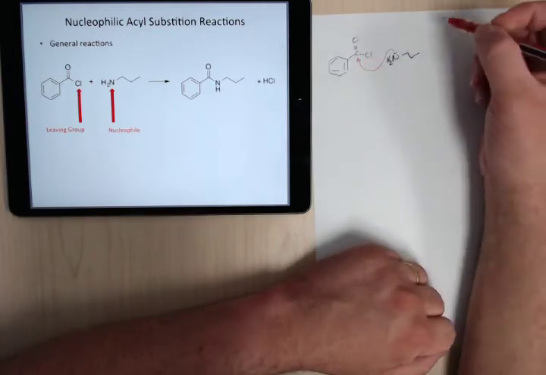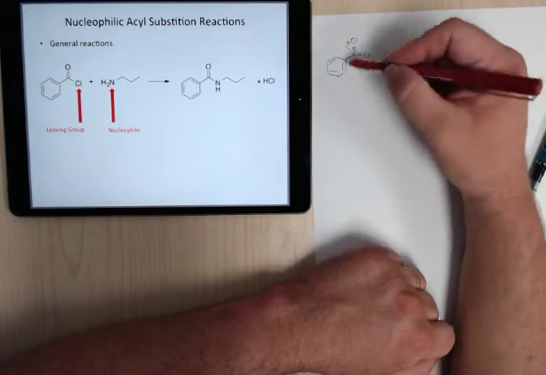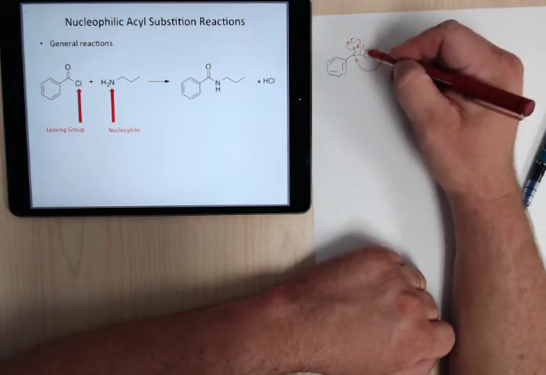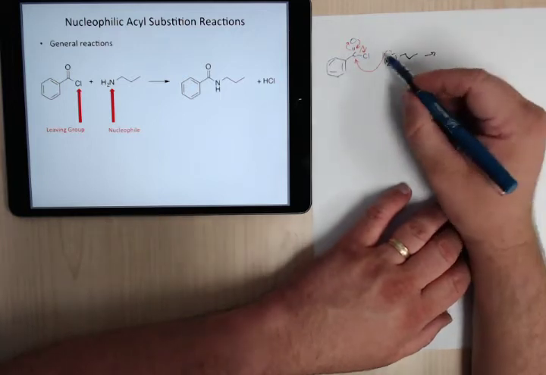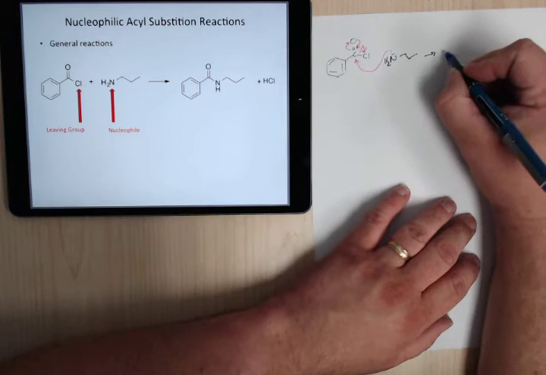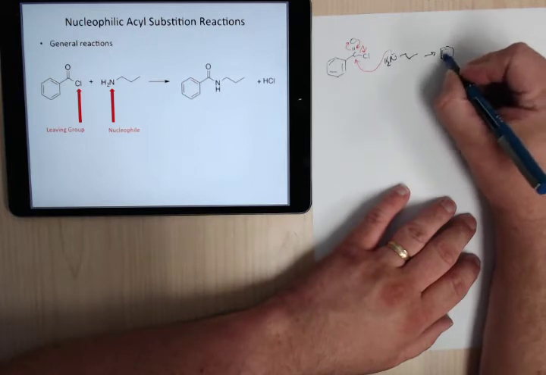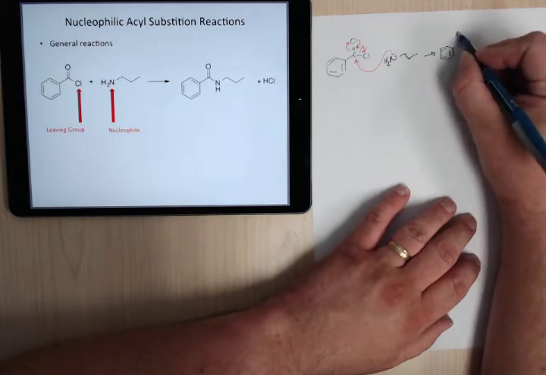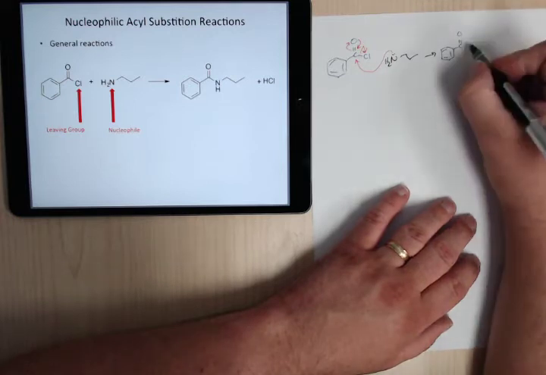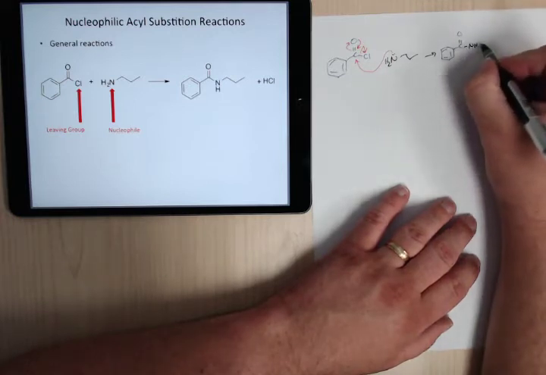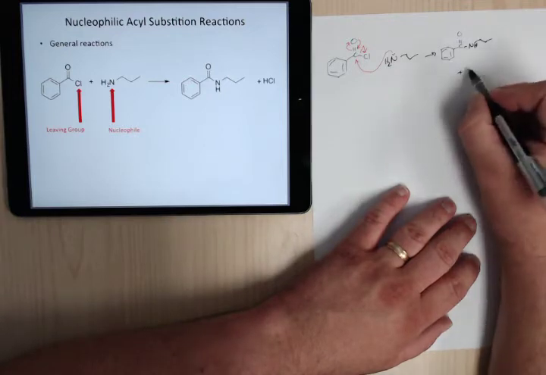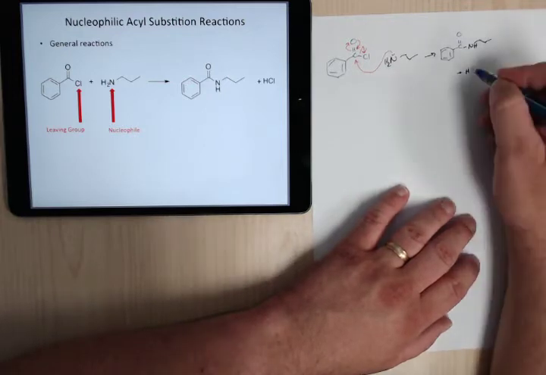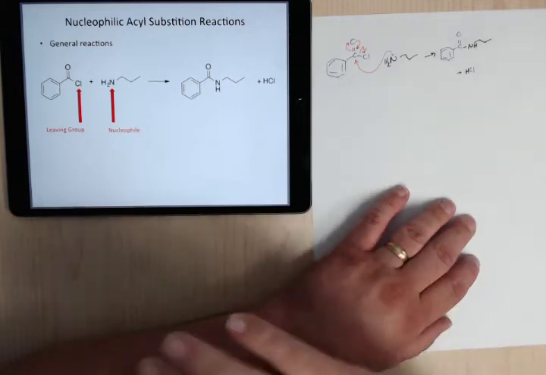So this attacks here, pushes the electrons up, they collapse down, you kick away the leaving group. And as this thing is leaving, it snags one of the hydrogens on the nucleophile. Like that. That's how they all work.